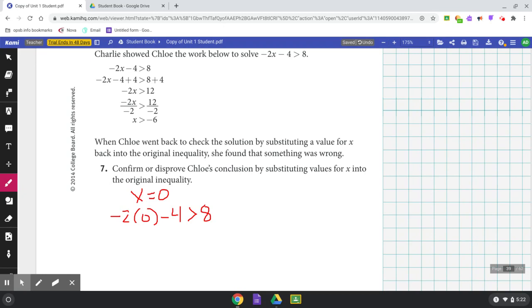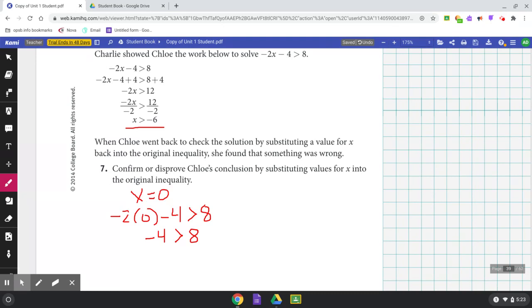But again, the easy go-to is just to use 0. Now, when I simplify this, negative 2 times 0 is 0, which leaves me with negative 4 on the left. Negative 4 is greater than 8. Whoa, Chloe is right. Chloe did find something that was wrong, because negative 4 is not greater than 8. So that is a false statement.